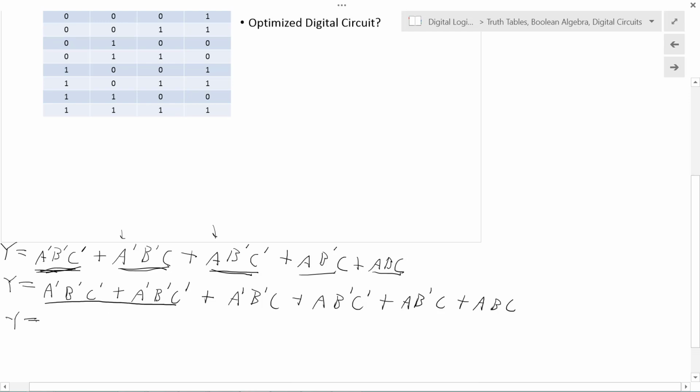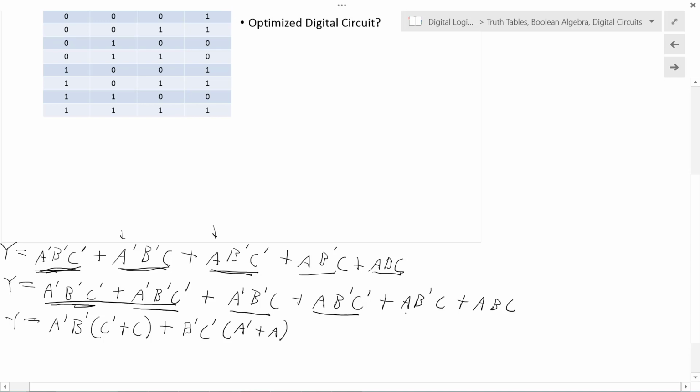Now, why would we increase the number of terms and make it more complicated to reduce? Well, let's take a look at what happens when we combine terms. So this first A prime, B prime, C prime term combines with A prime, B prime, C. So factor out A prime, B prime, and you get C prime or C. We'll take A prime, B prime, C prime, and A, B prime, C prime, and we'll factor out B prime and C prime from A prime or A, and we get this term now.